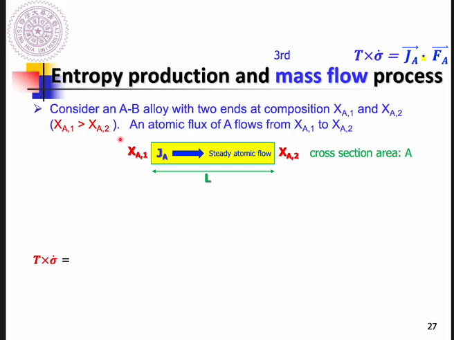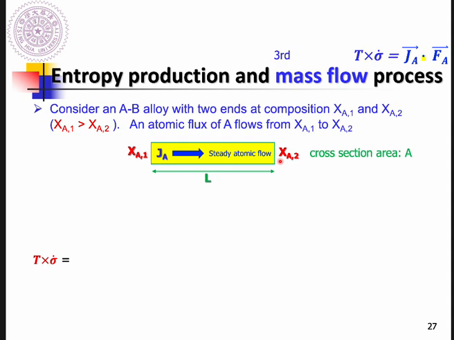Due to this, the higher composition of atom A has a higher chemical potential than the lower concentration of A at A2. So that will lead the atoms to move from the higher chemical potential side toward the lower chemical potential side. This will have an atomic flow.